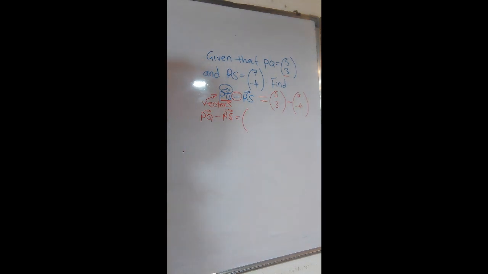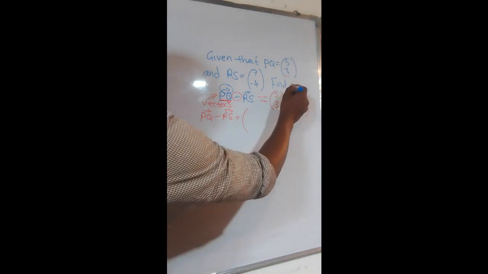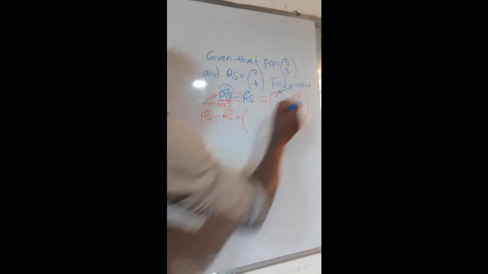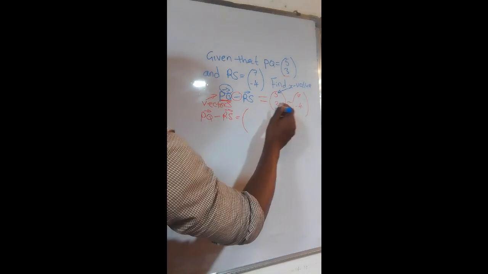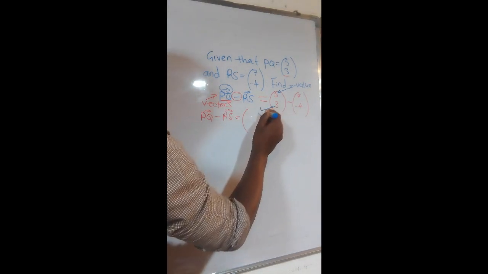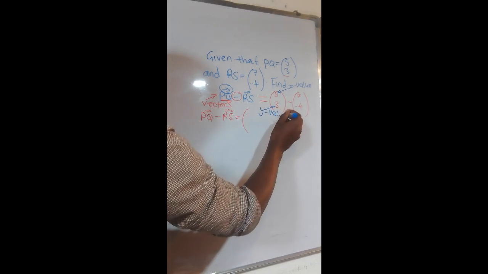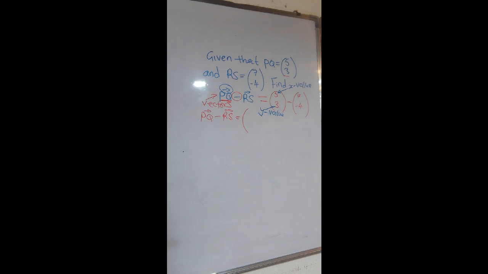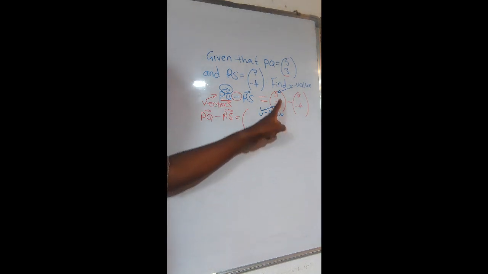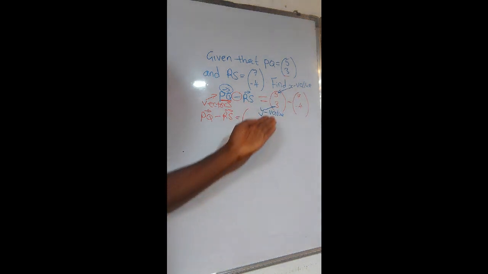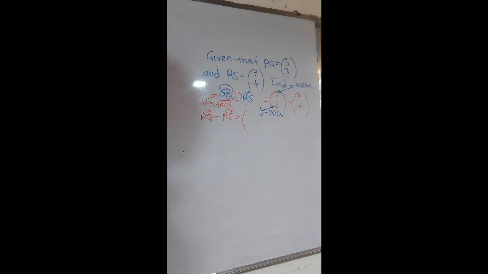The most important thing to understand is that this is the X value and this is the Y value, the horizontal movement versus the vertical movement.